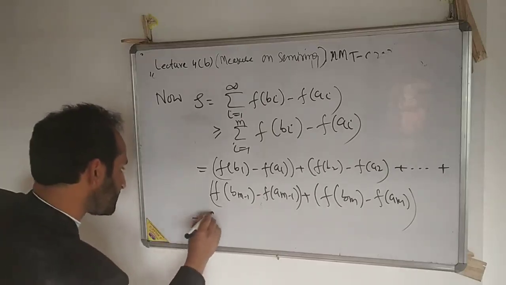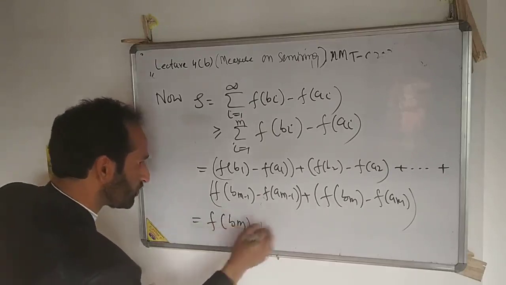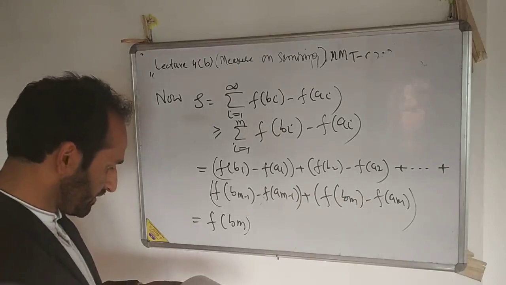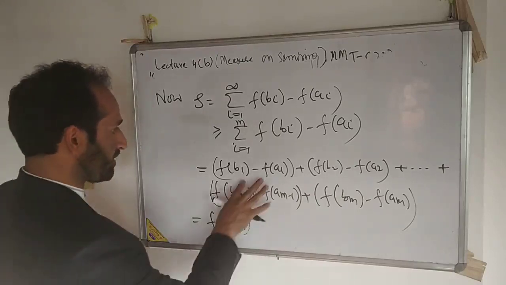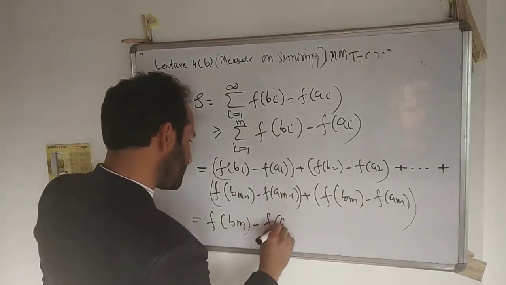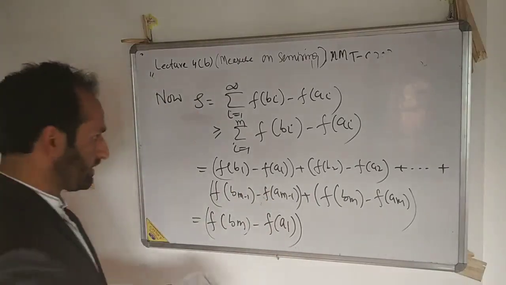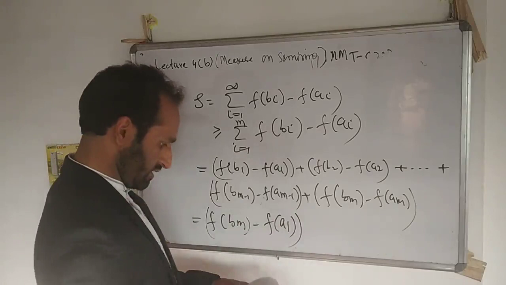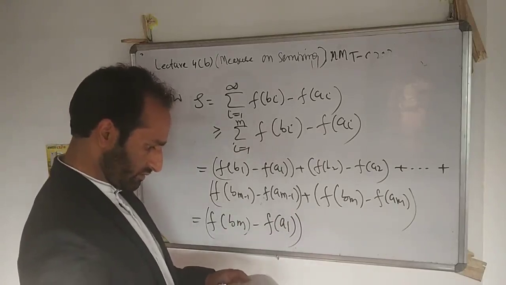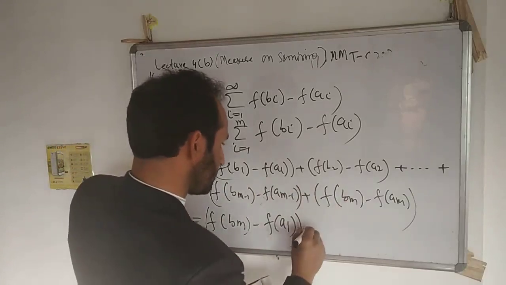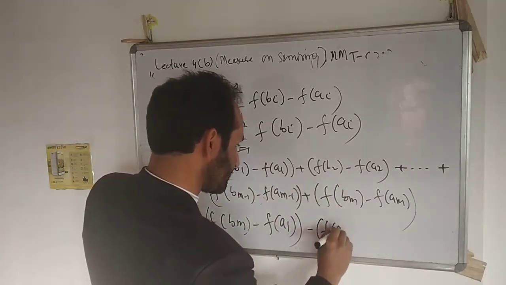We move this f of bm to the first place, and then we write minus f of a1. So it is just a rearrangement, and then here minus f of a2.